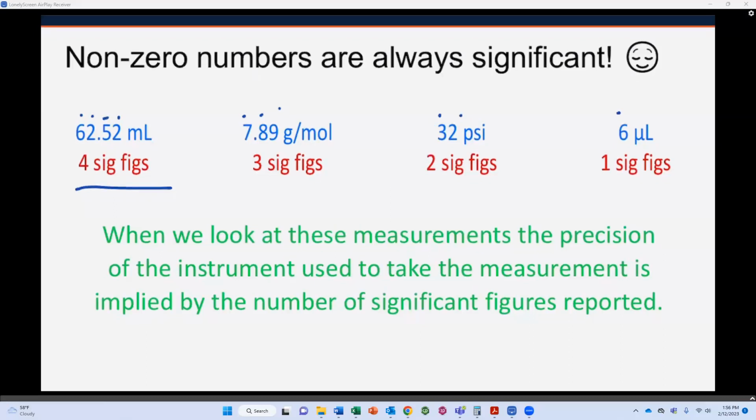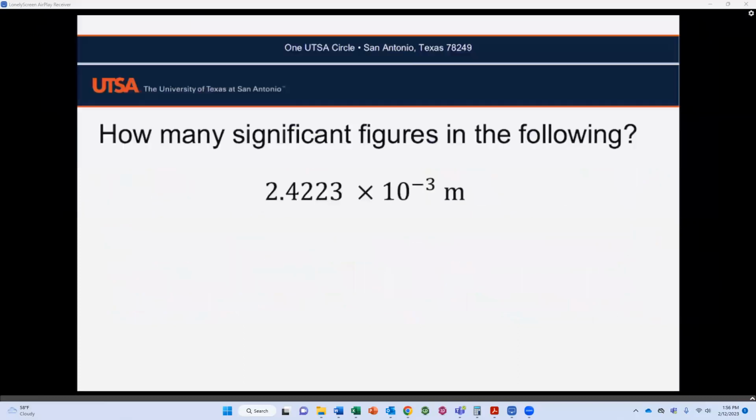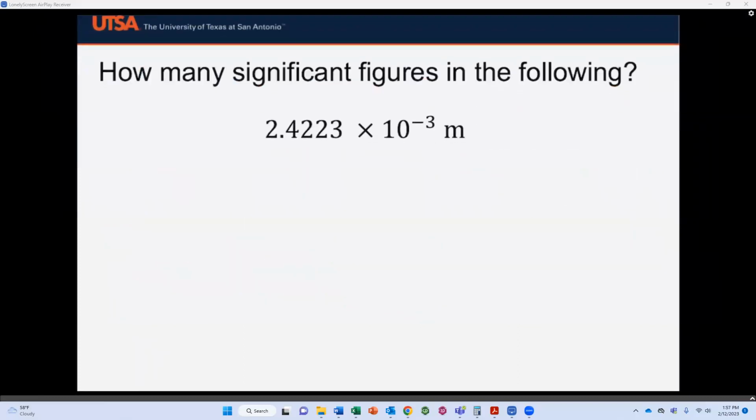What about zeros? Well, zeros fall into 2 different categories. But we're going to do this calculation first. So we're going to count how many significant figures are in this following number. Pretty simple. I have 2 non-zero, 4 non-zero, 2 is a non-zero. We've already had this conversation, and 3. So 1, 2, 3, 4, 5. 5 significant figures.